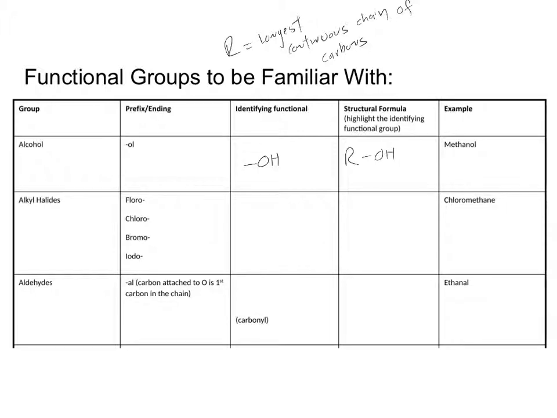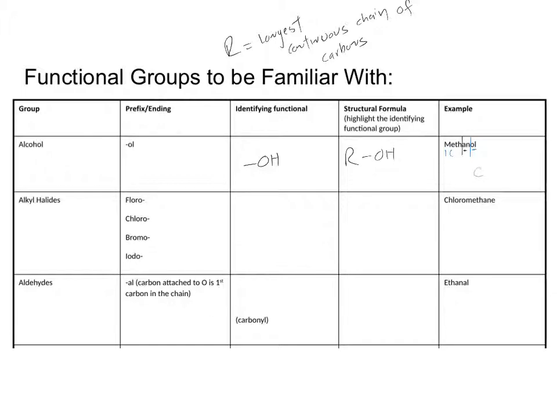So in the case of methanol, a couple of things that I see right away: the functional group is OL, so it tells me it's an alcohol. The AN tells me that there are all single bonds, and the meth tells me it's a 1 carbon long compound.